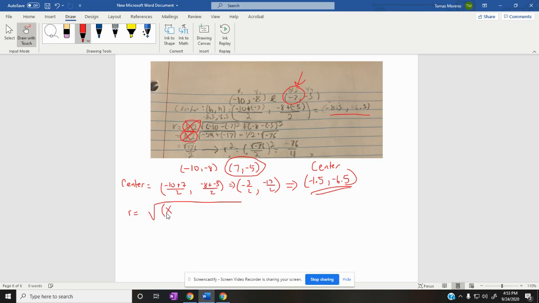My distance formula is the square root of x2 minus x1 squared plus y2 minus y1 squared. Now I'm going to use my center as my x2 and my y2. This way, that's going to be my first point.